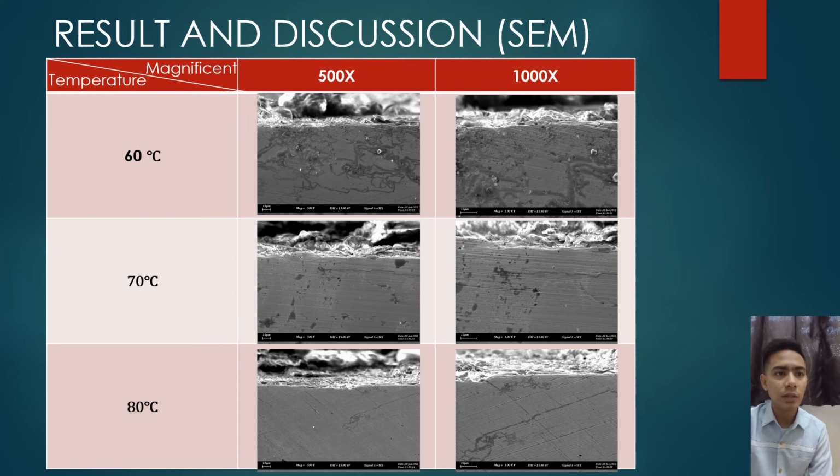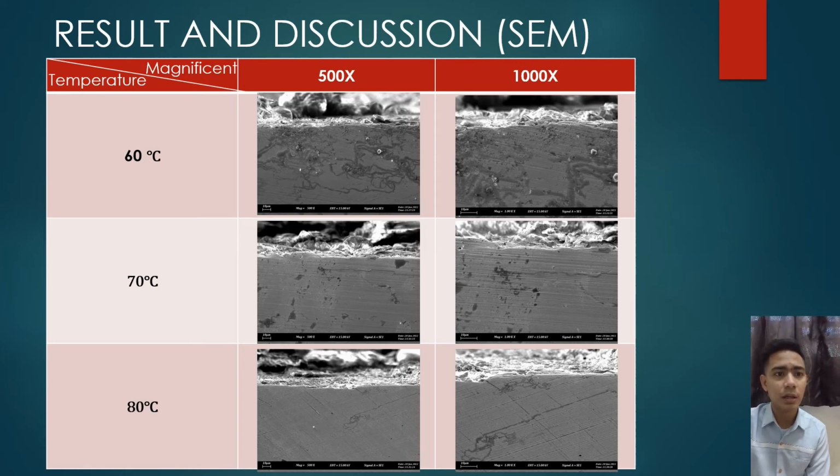The temperatures are 60, 70 and also 80 degrees Celsius, and I chose magnifications of 500 and 1000 to see the surface morphology of my plating.